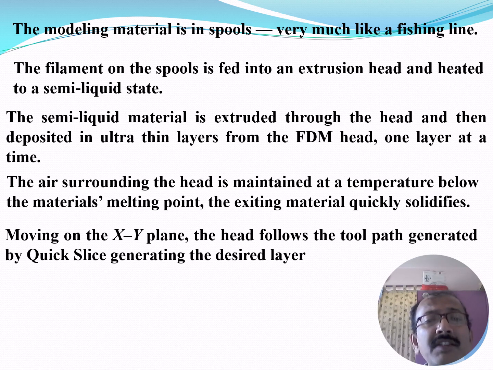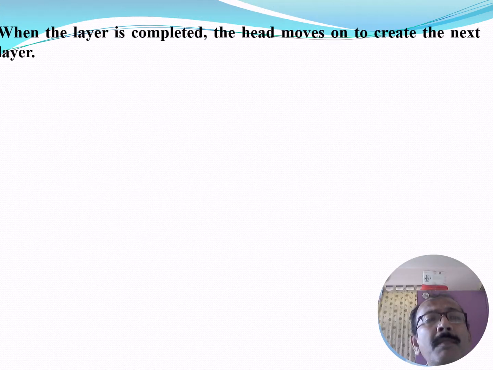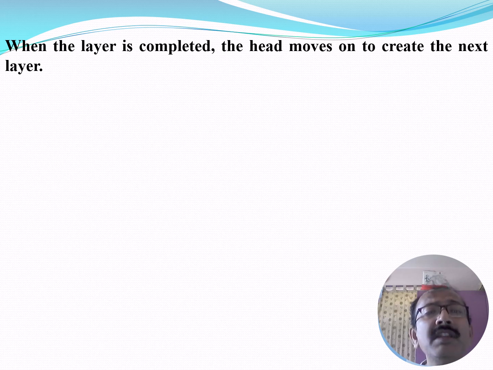Moving on the XY plane, the head follows the tool path generated in QuickSlice, generating the desired layer. After that, when the layer is completed, the head moves on to create the next layer.